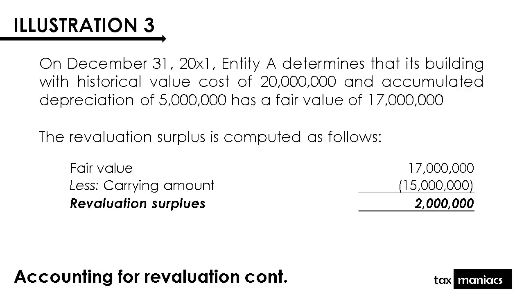The revaluation surplus is computed as follows. We have the fair value of 17 million pesos less the carrying amount, which is 20 million pesos minus 5 million pesos, which is 15 million pesos. We get the revaluation surplus of 2 million pesos.